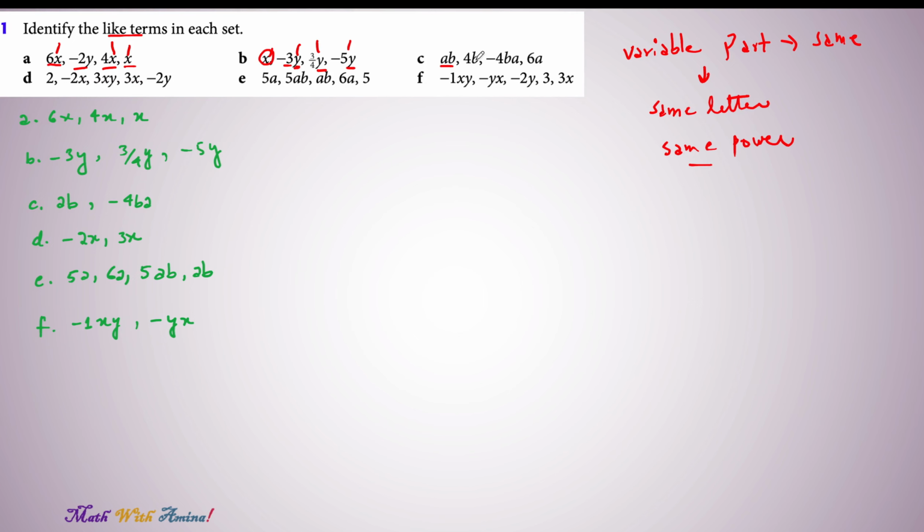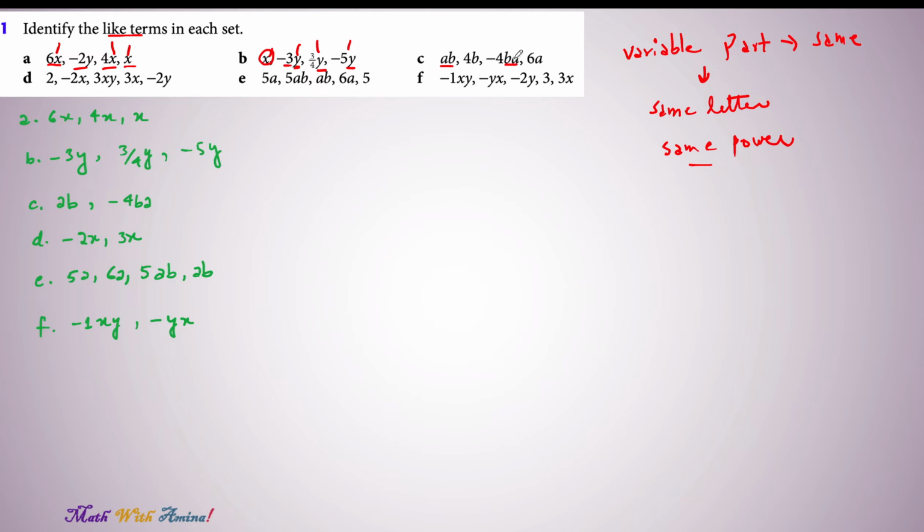If other terms have the same variable part, in here it is 4b, a is missing, so we cannot put it in the same category or like terms as AB. Then we move to the third one, it is minus 4ba.